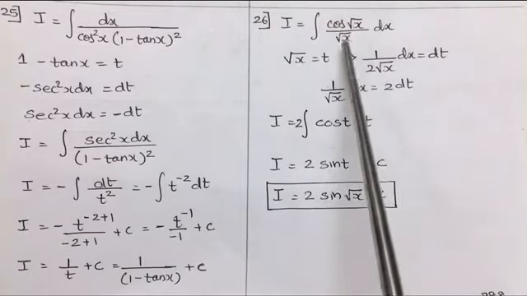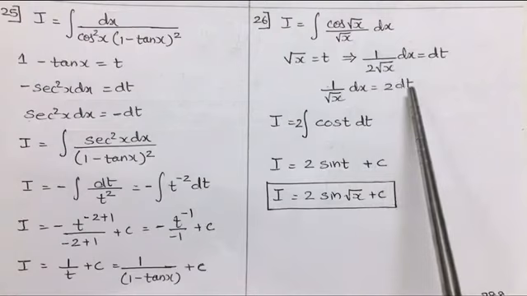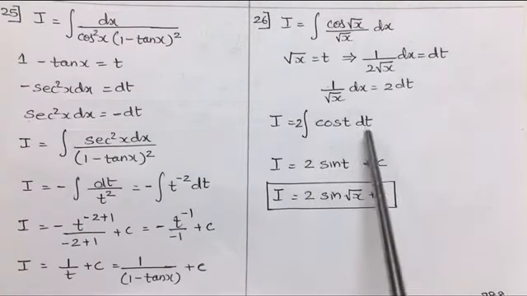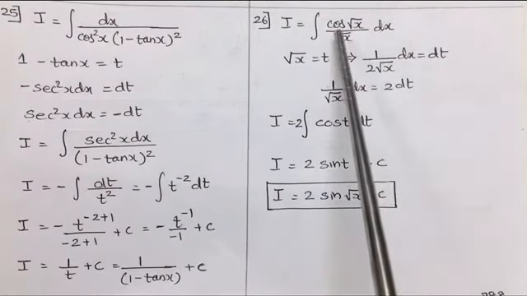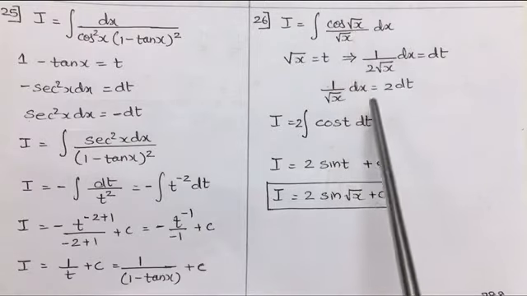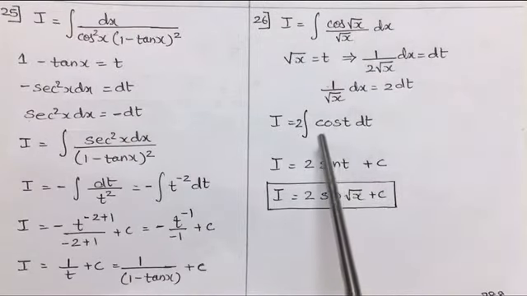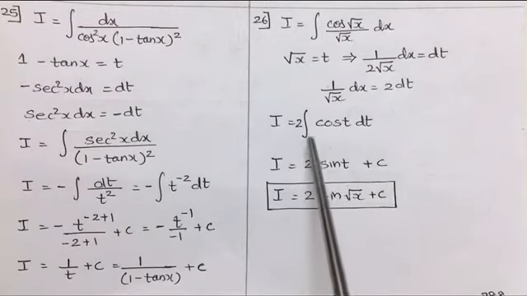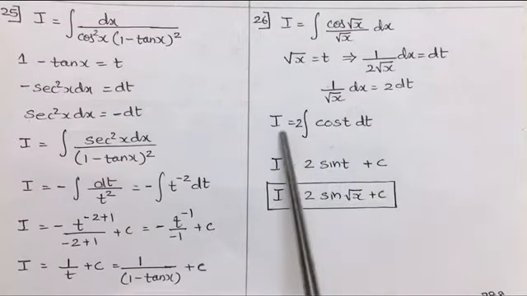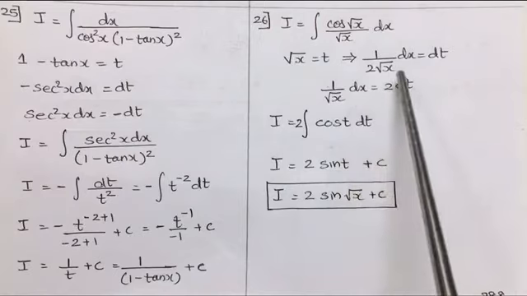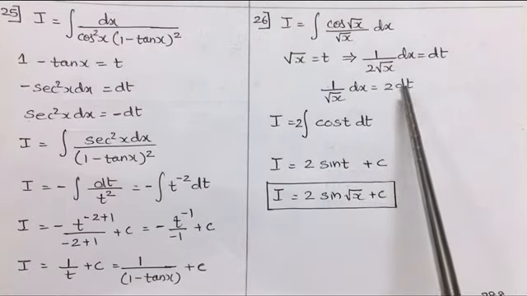Now instead of 1 upon root x dx, 2 dt is substituted. Instead of cos root x, in the place of root x, t is kept. So the integration becomes cos t dt, a complete conversion in terms of t.